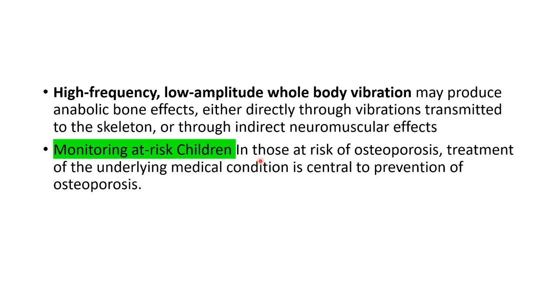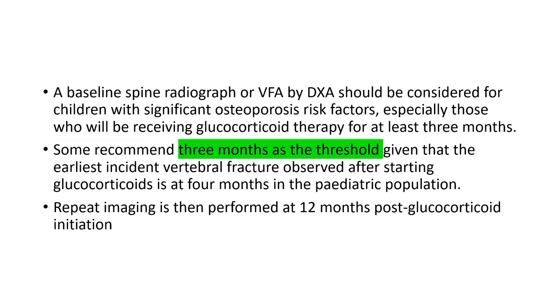Monitoring at risk children. In those at risk of osteoporosis, treatment of the underlying medical condition is central to the prevention of osteoporosis. So this is very important actually. We should always try to look for the cause to treat those children at risk of osteoporosis or those diagnosed with osteoporosis.